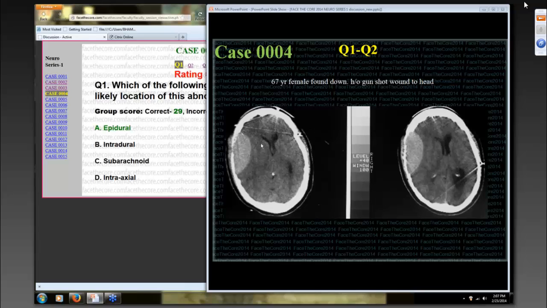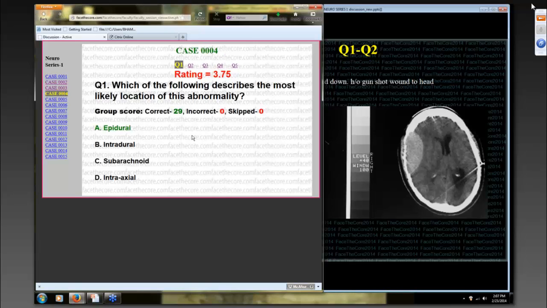But if you look very carefully, the underlying bone is showing much destruction. So an epidural hematoma, which can look very similar, is most unlikely because of the associated bone abnormality that you see.